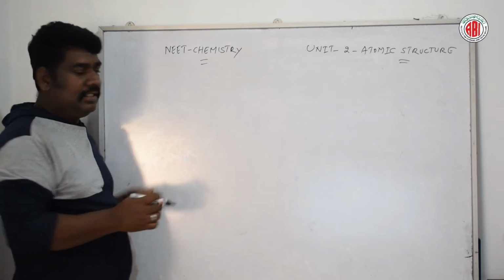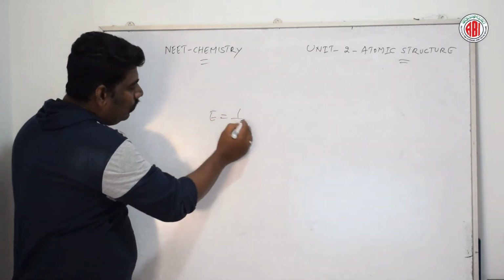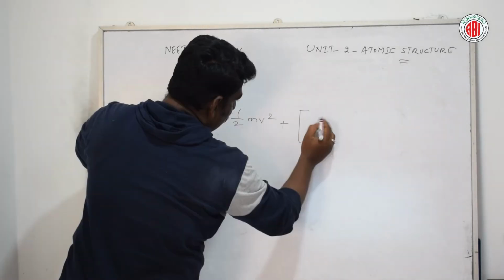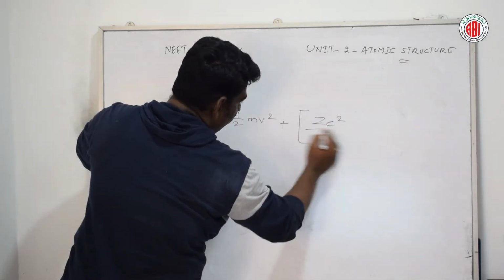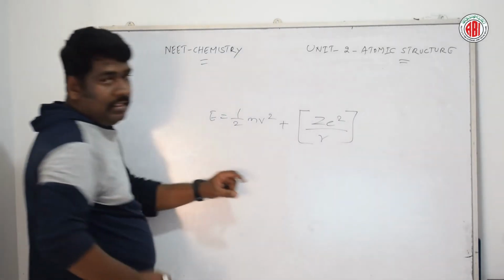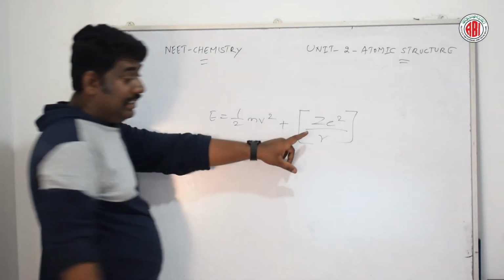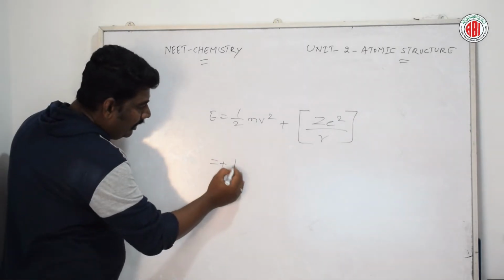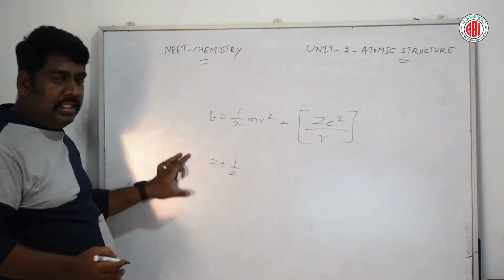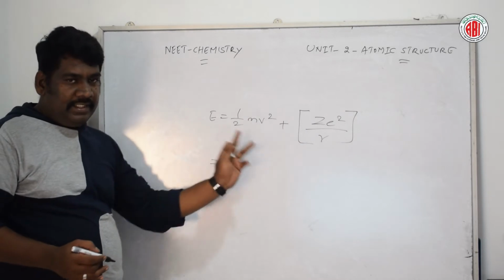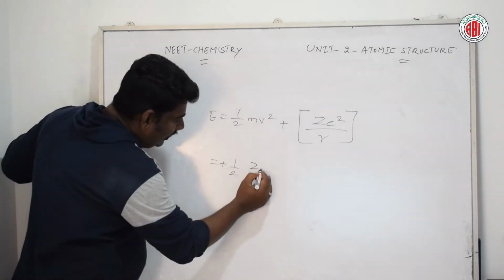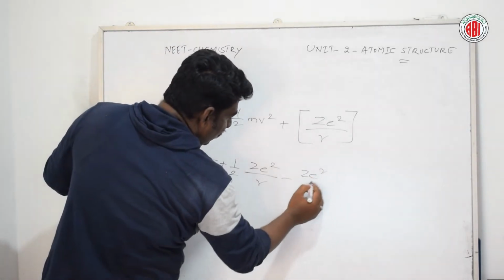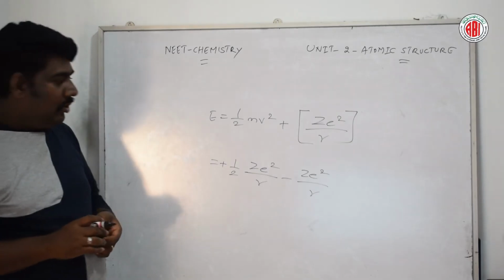So E is equal to ½mv² plus (−Ze²/r), that is, ½ Ze²/r − Ze²/r.